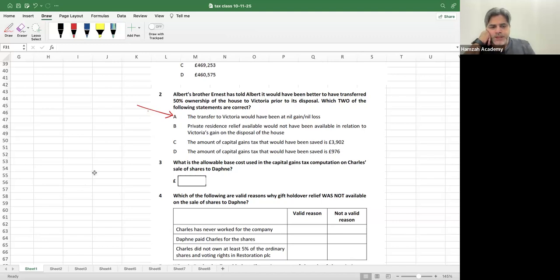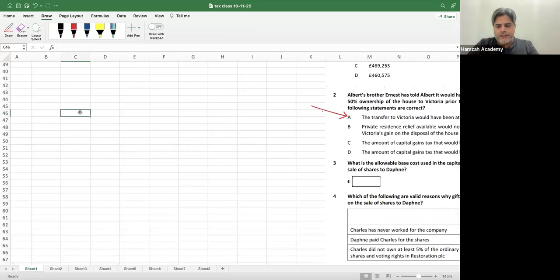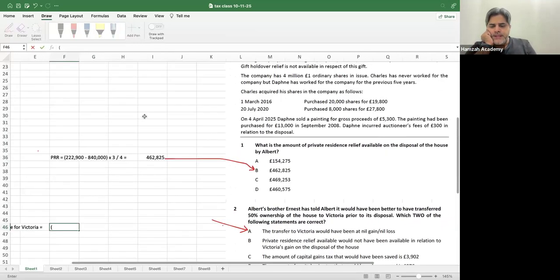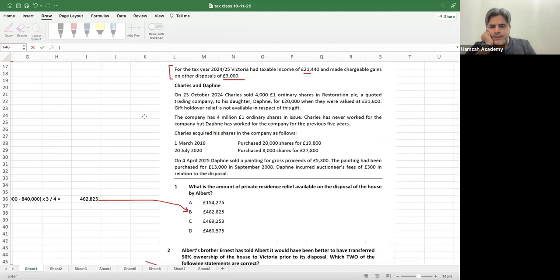Now, technically speaking, we will have to calculate the gain falling into the taxable for Victoria would have been, this is going to be her basic rate of tax. I mean, basic rate bracket.